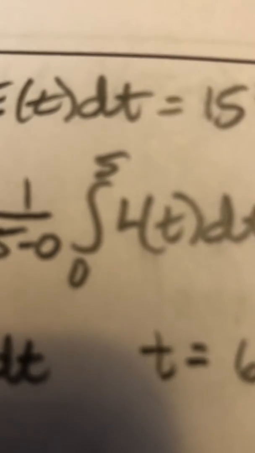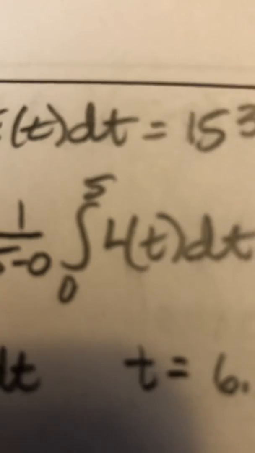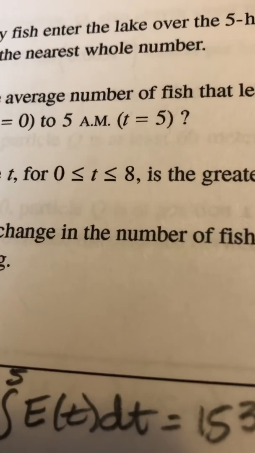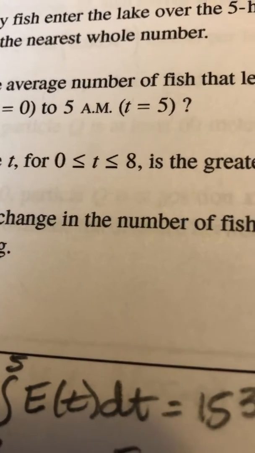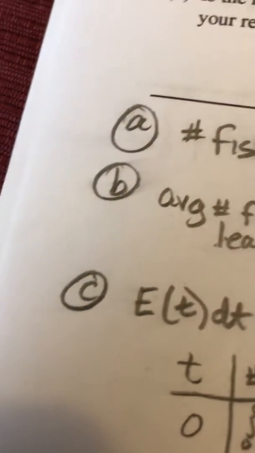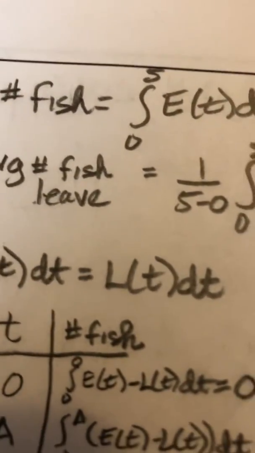Part C, at what time between 0 and 8 is the greatest number of fish in the lake, and justify your answer. So let's think about this. This is a closed interval. The greatest value is going to be, that's our maximum value. It's either at an endpoint of the interval or at the point in the interval where the number of fish entering is equal to the number of fish leaving.